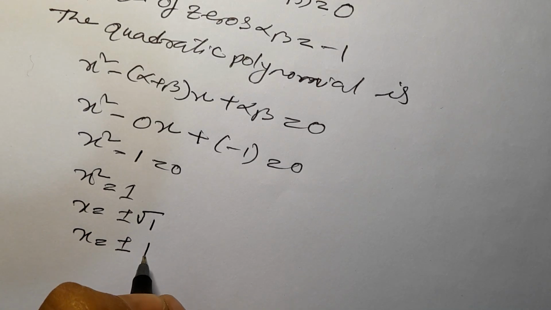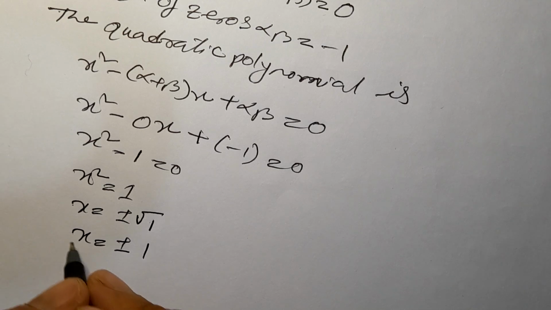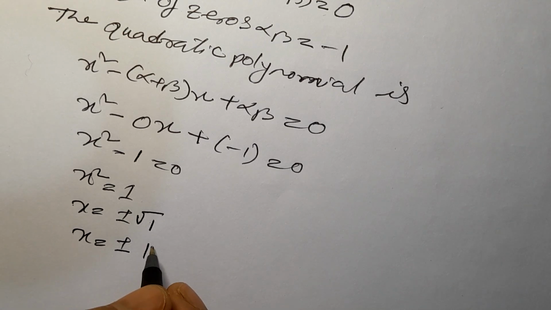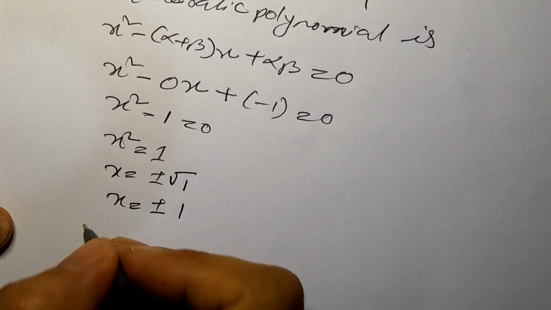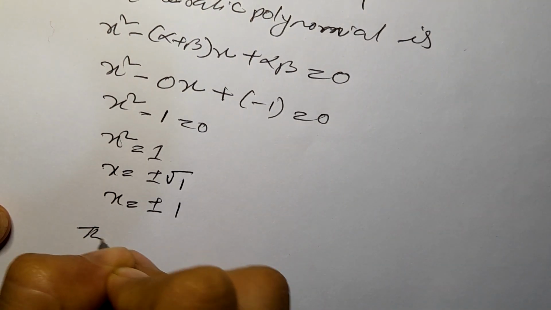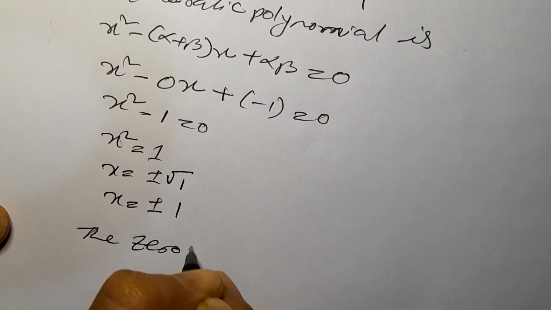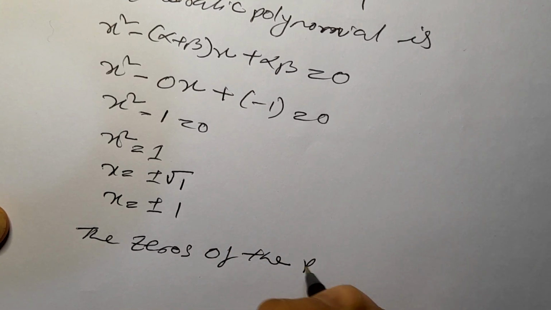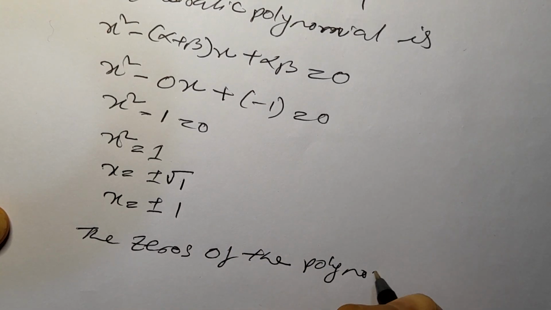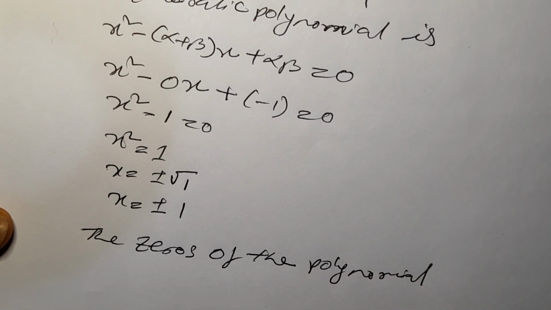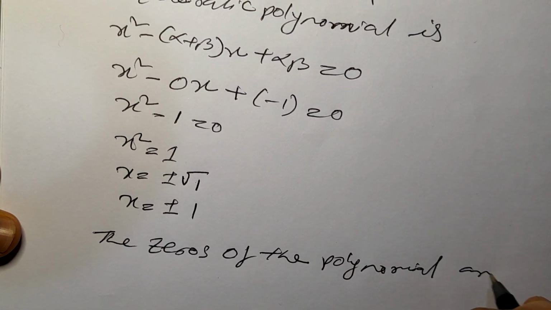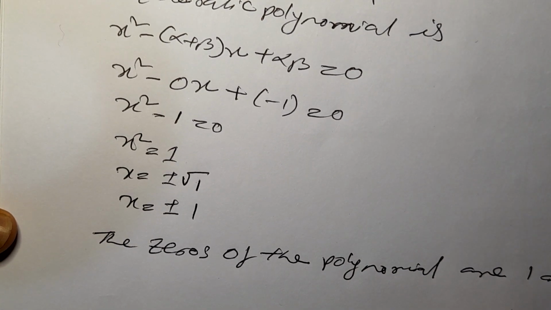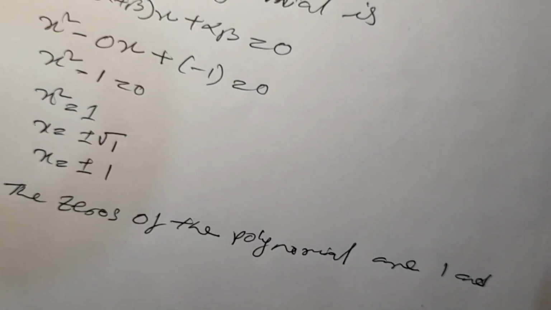Root 1 will always give 1. So we got the value of x, that is 1 and minus 1. So the zeros of the polynomial are 1 and minus 1.